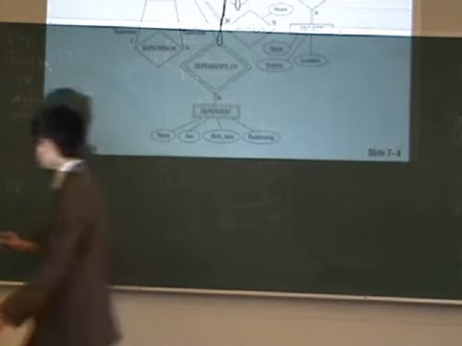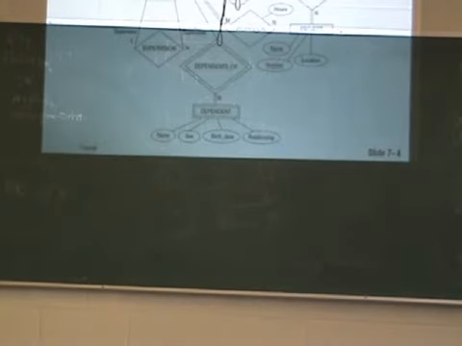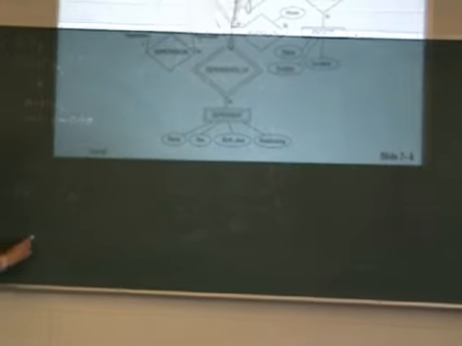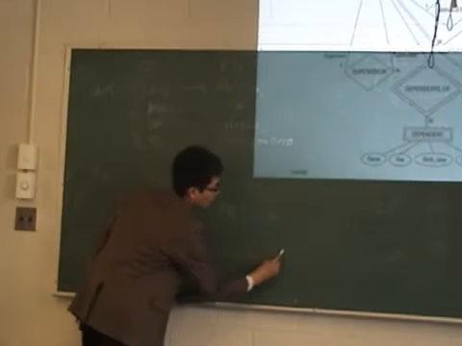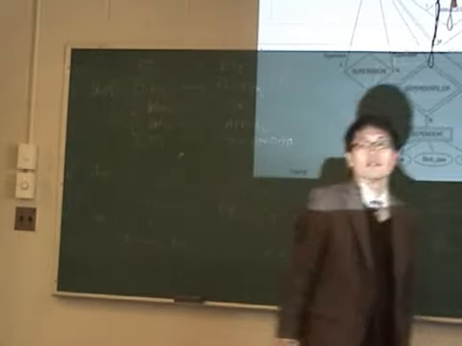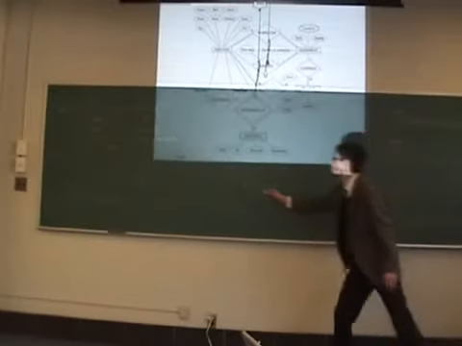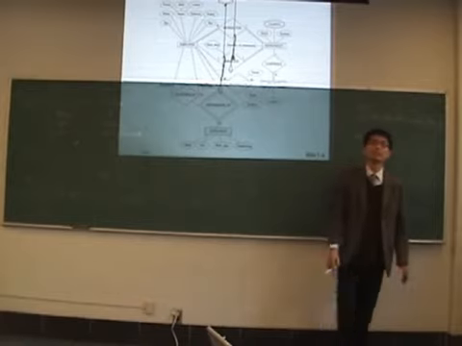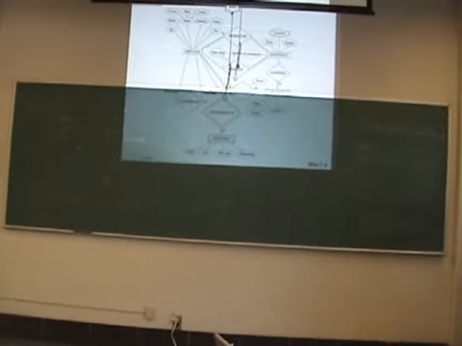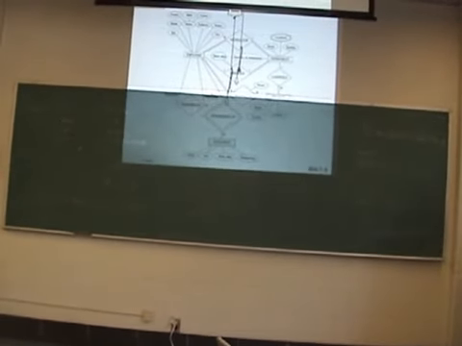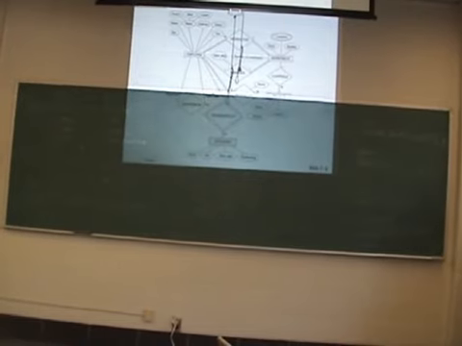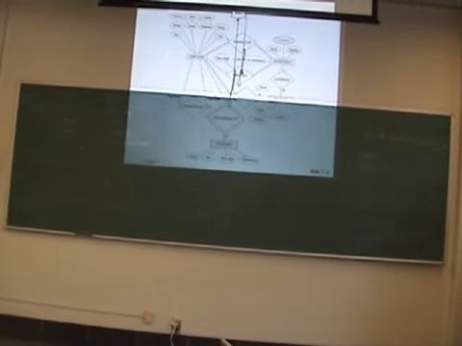So you can move the attribute to either of the relations. Then the problem is which relation? This one or this one? Actually, any of them. There is no problem. However, we need to decide on one of them.